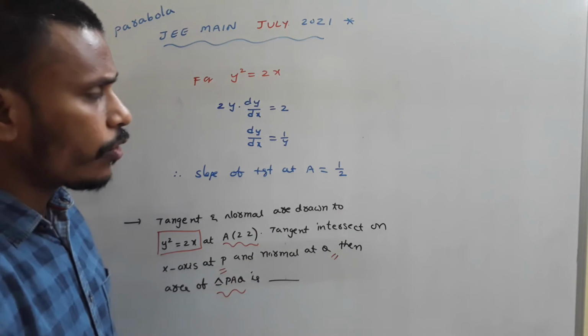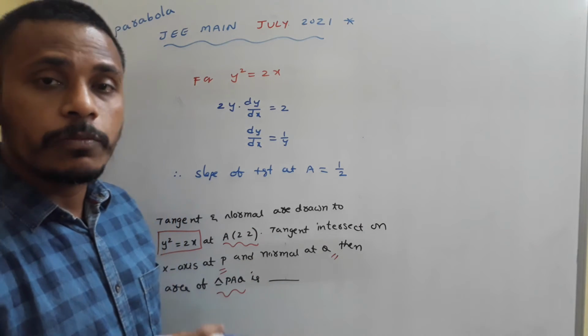Since the slope of the tangent is 1/2, the slope of the normal is -2.